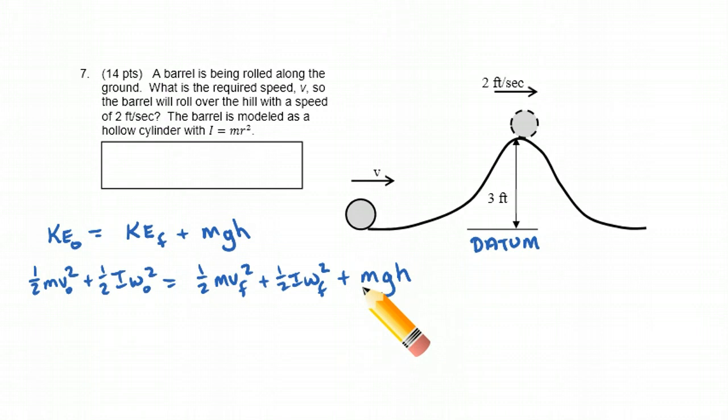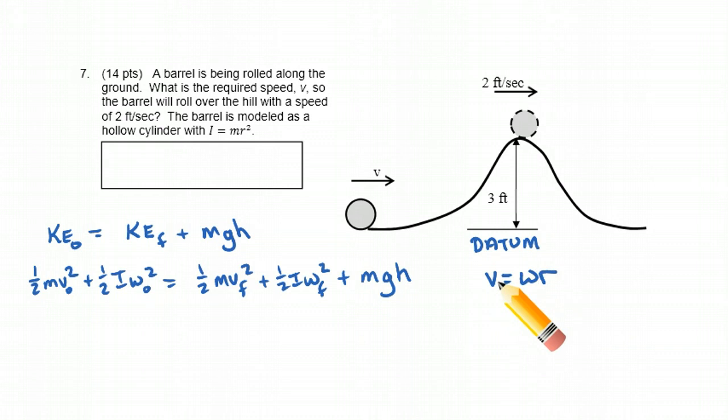The other thing that we have to remember is the relationship between translational and rotational velocity. So we have velocity equals omega r.